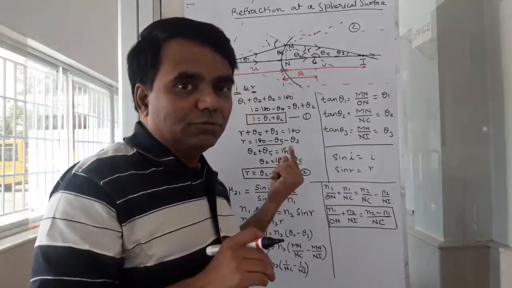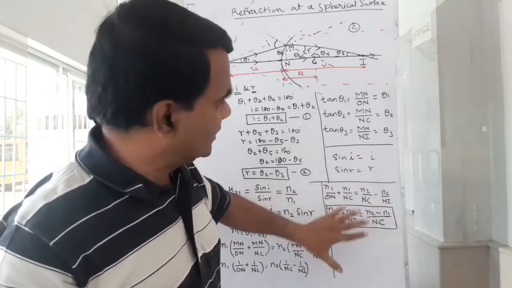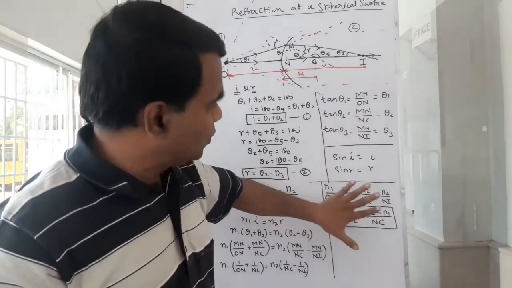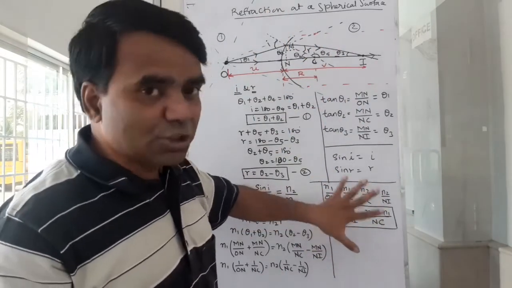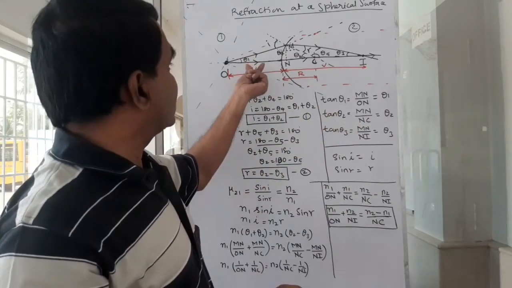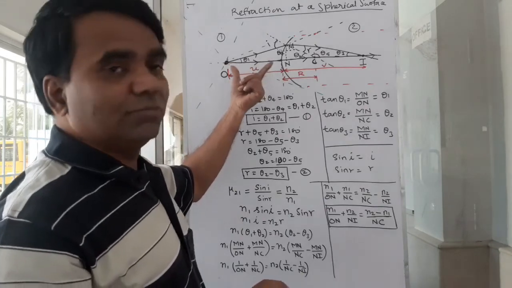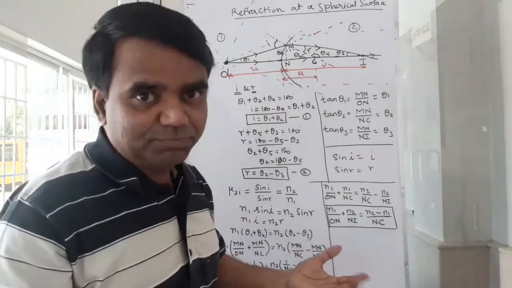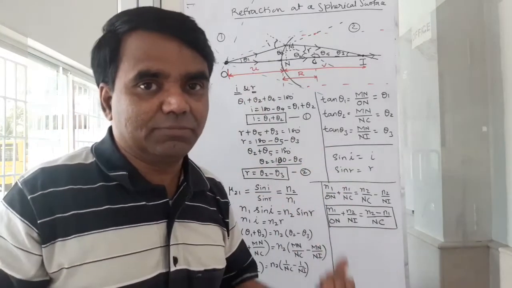So what should I do? This equation I have arrived at with all positive numbers. And if I want this equation to work with sign convention, then wherever I get a negative number, because U is negative, I have to convert that into a positive number, right?